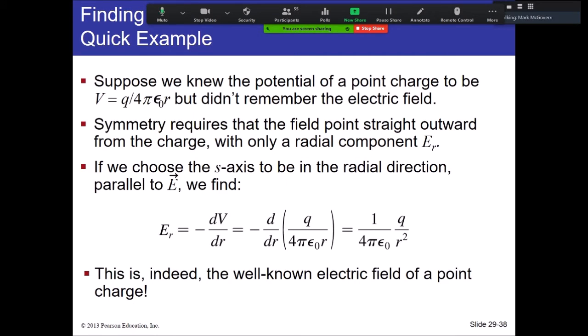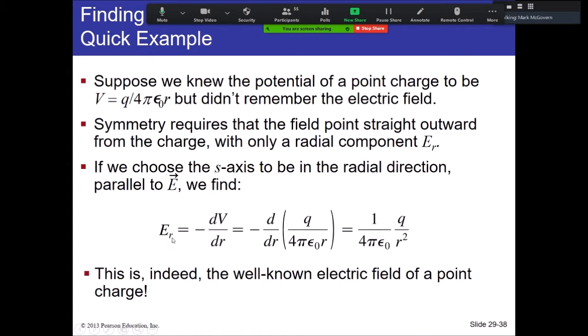So just to put this in action here, let's see that this works to figure out the electric field of a point charge. Now this may seem a little silly, because the whole reason we got this expression up here to begin with was because we did an integration. But still, we can apply this.